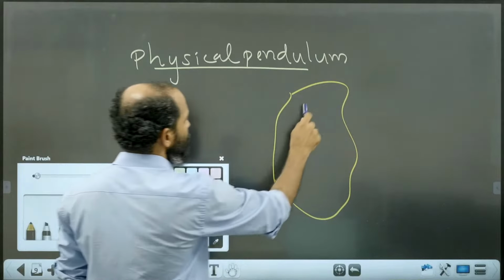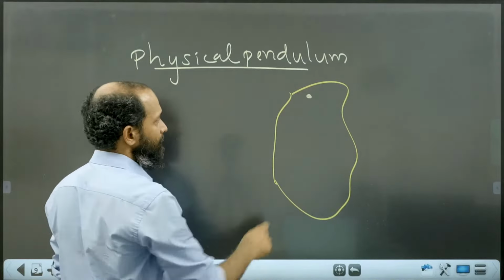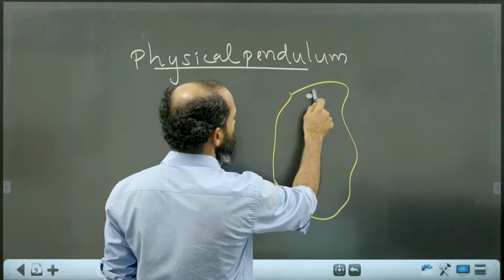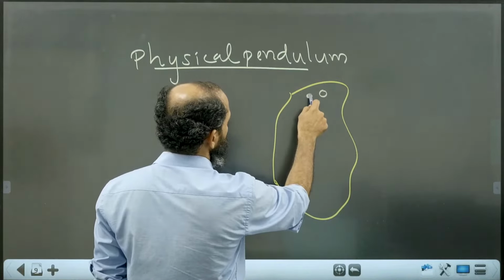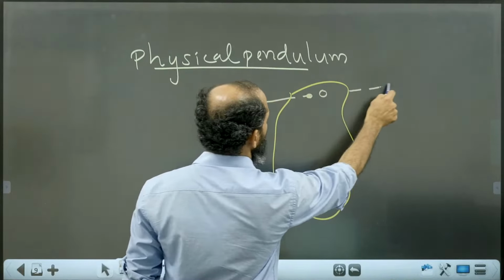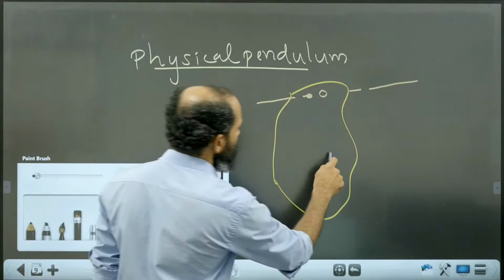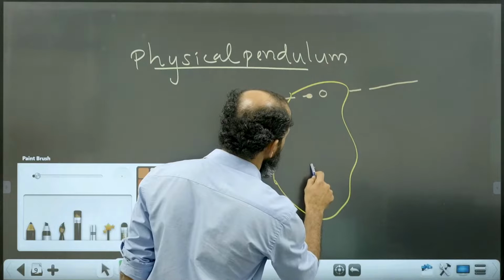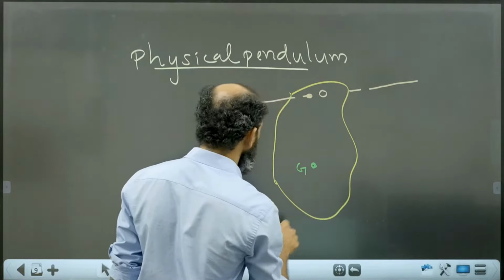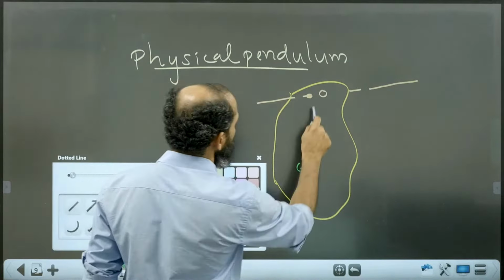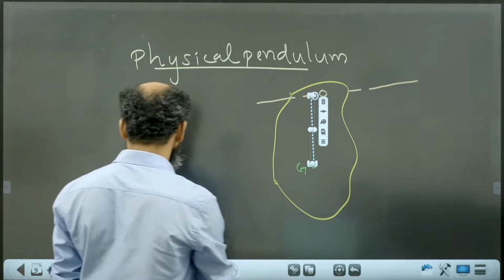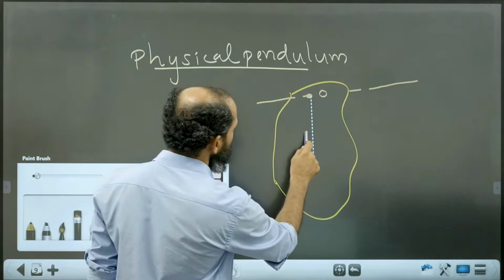You have a fixed point somewhere. Let that be the fixed point O, and an axis is passing through that point. Okay, the center of gravity of the rigid body is here, say the center of gravity G. You draw a line between the center of gravity and the point of support. Let that distance be d.